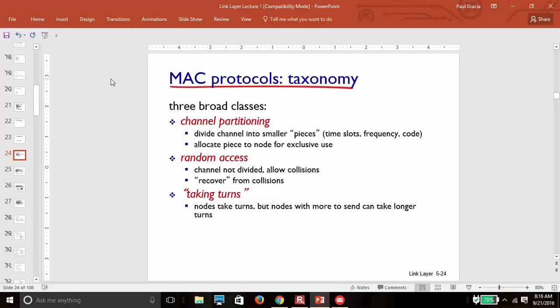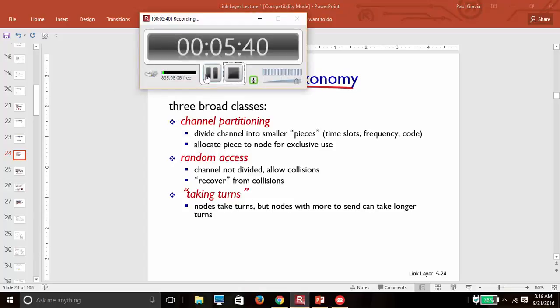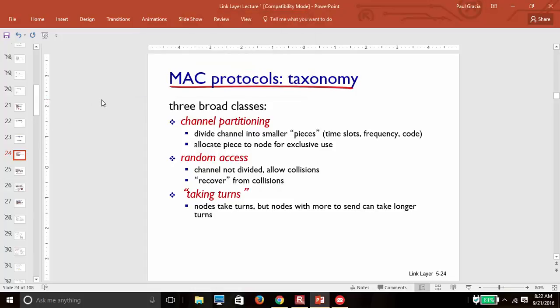We're going to talk about three broad classes of multiple access protocols: channel partitioning, random access, and taking turns. Let's talk about those individually. In channel partitioning, we divide the channel into smaller pieces, using time, frequency, or code.